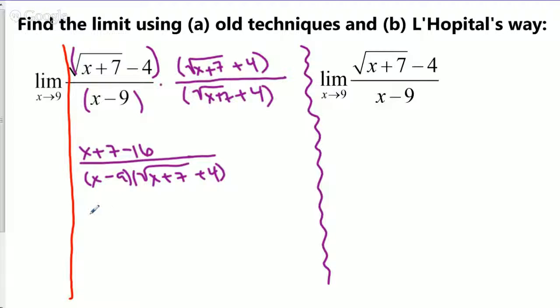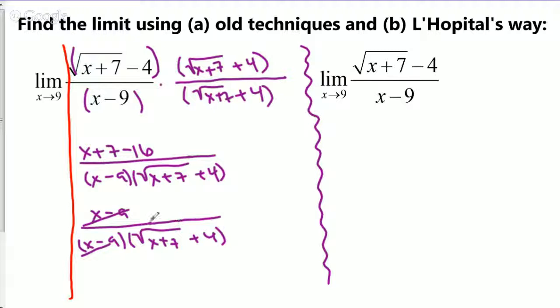All right, now what? We'll now simplify the numerator. It becomes x minus 9, which is good news for us, right? Because that is the problem factor, and that's what was giving us the 0 in the denominator. Okay, so now I can go ahead and cancel out the x minus 9s. Don't forget your understood 1 in the numerator.